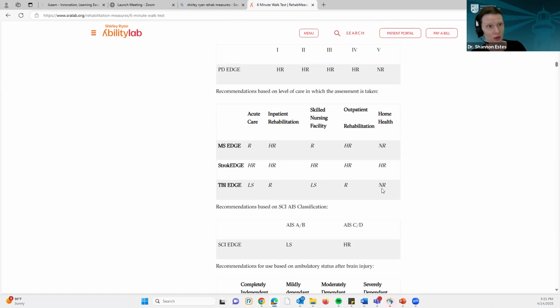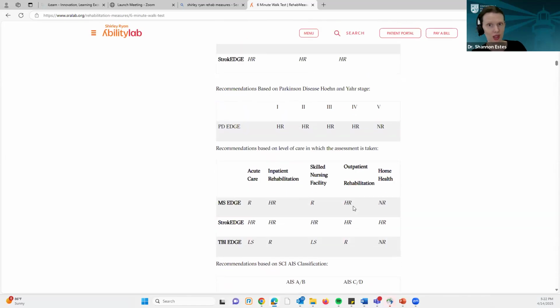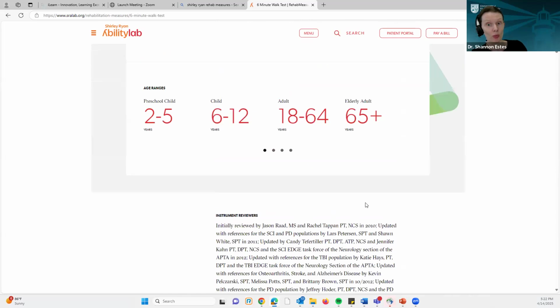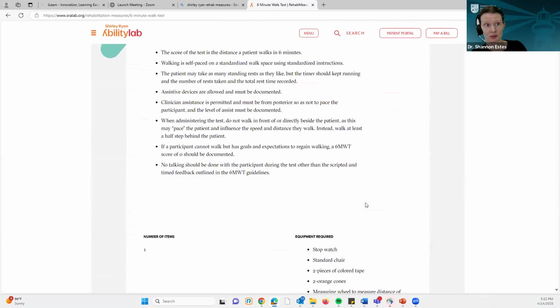It's not recommended in home health, and they don't have enough data really to say yay or nay for acute care or skilled nursing facility. So most of your measures are not necessarily specific to one setting, which makes it nice when you're trying to pick and choose.